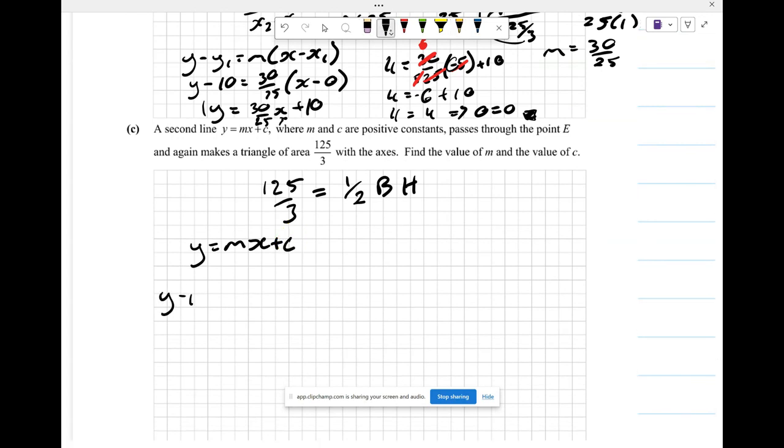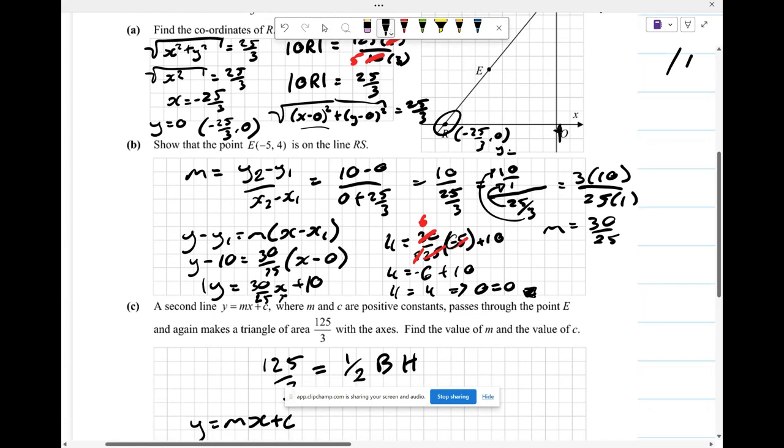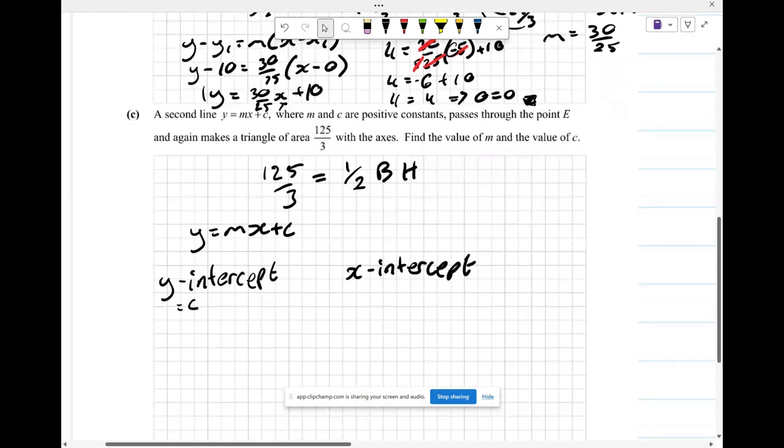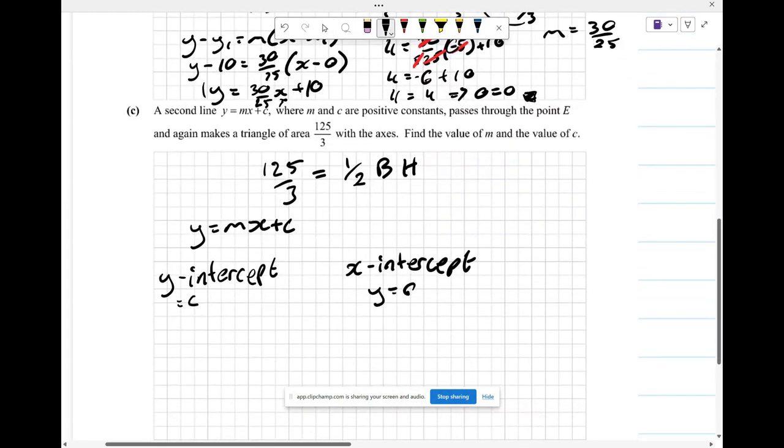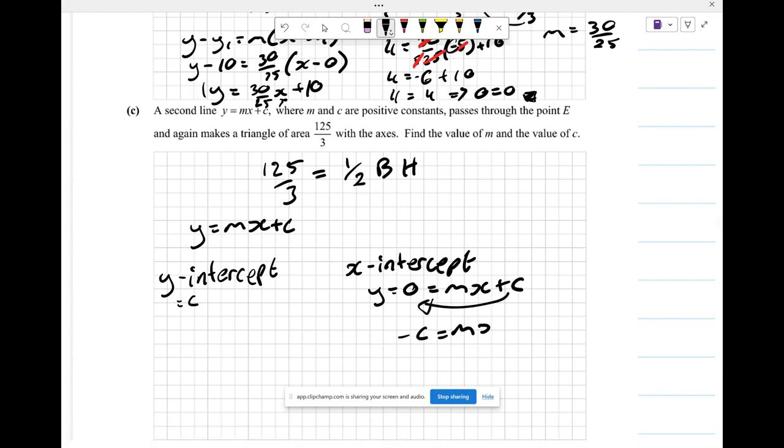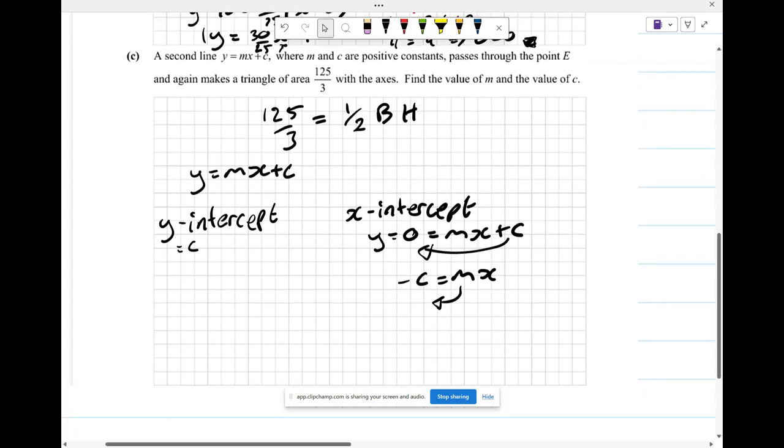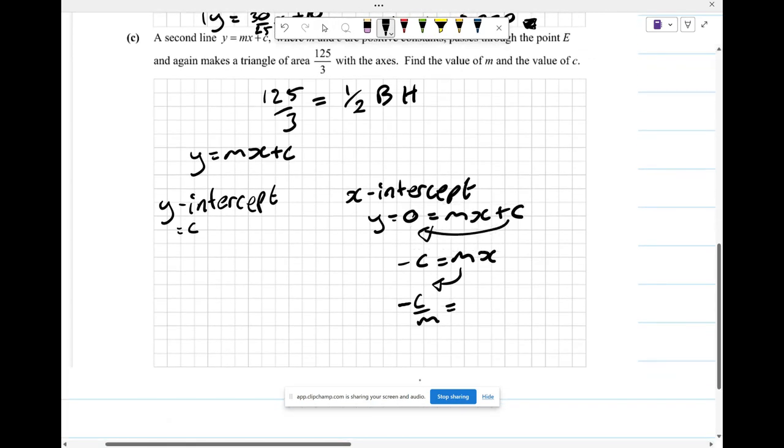So our y-intercept is going to be equal to c, and our x-intercept is going to happen when we let y equal to 0, like we did here. So you don't move up or down any y, and you go across to an x. So we're going to say y equals 0, and that's going to be mx plus c. So if we bring this c across, that's going to be minus c equals mx, and we're going to divide by m. So minus c over m is going to be equal to x.